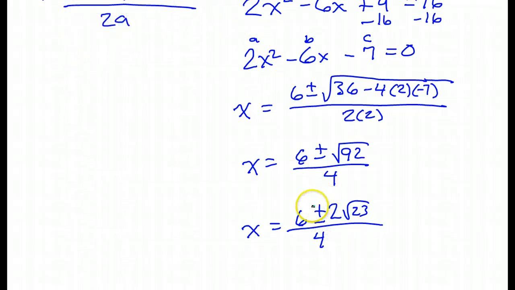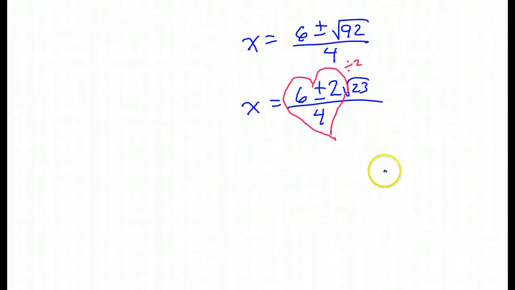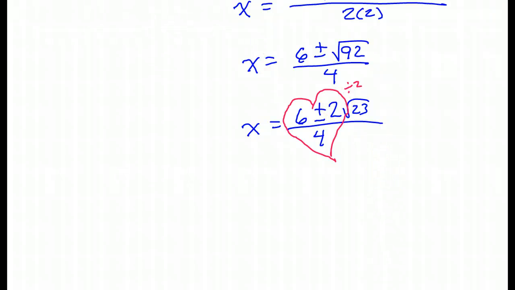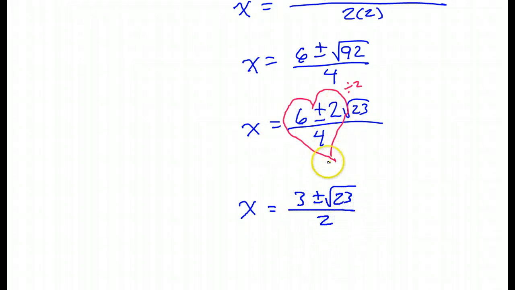Now, because all three of these numbers are divisible by 2, I'm going to do that. It has to be all or nothing, all three or nothing. So that's going to give me x equals 3 plus or minus radical 23 over 2. Just divide everything by 2. So these are the answers for the x values.